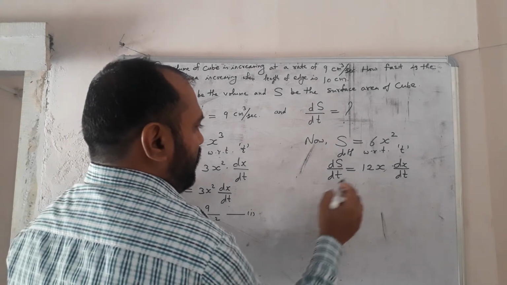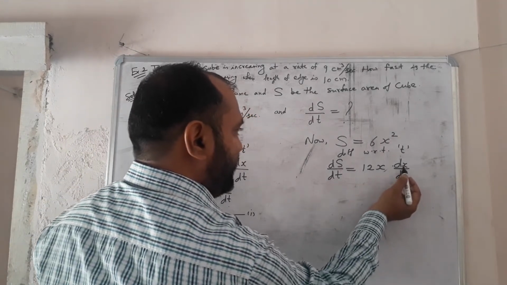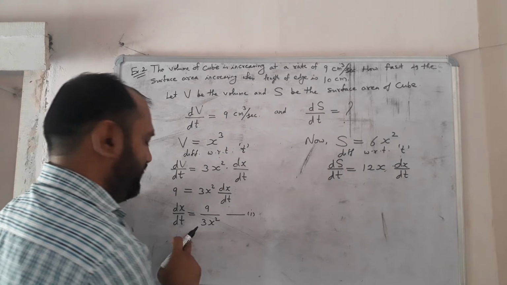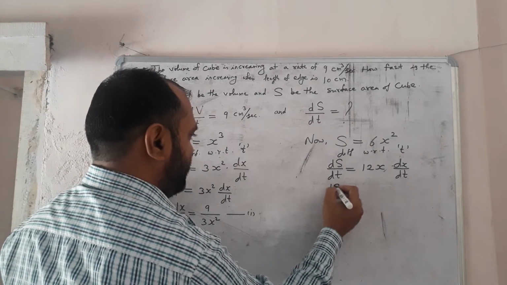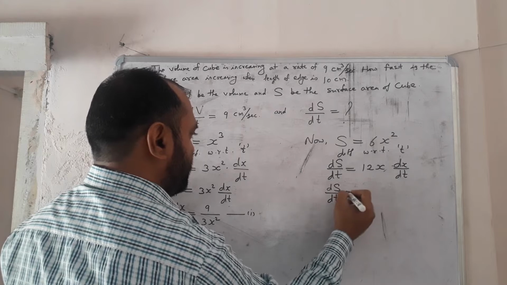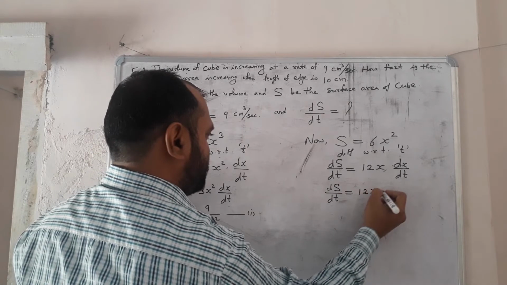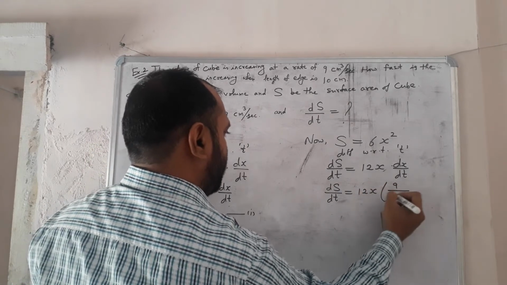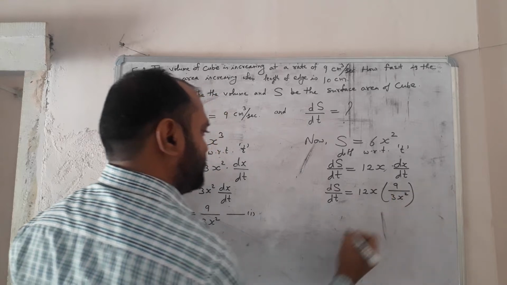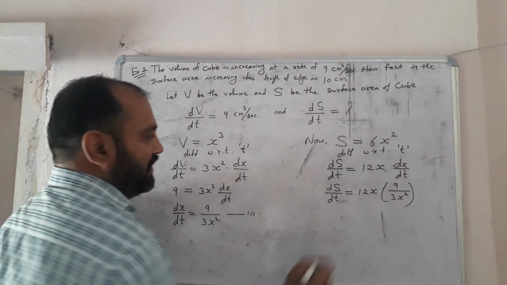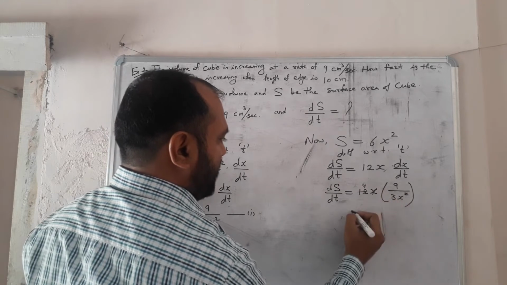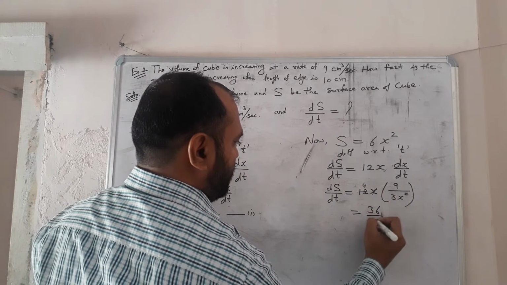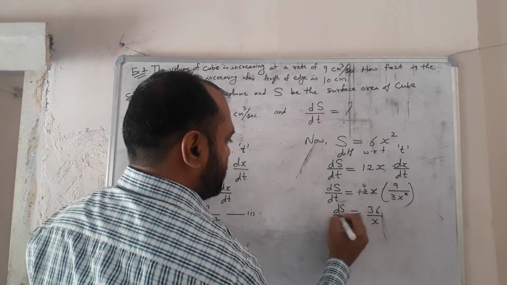Now put the value of dx/dt from equation 1. We have dS/dt equal to 12x into 9 over 3x square. One x is cancelled and one 3 is cancelled. You will get 36 upon x.